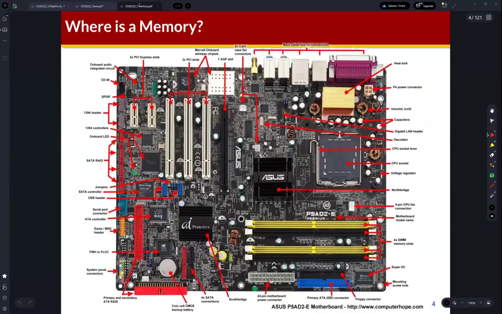So then where is the memory in the computer system? This is a photo of the main board of an old computer system, right? I mentioned that the CPU is here, right? So where is the memory? Memory is here, right?